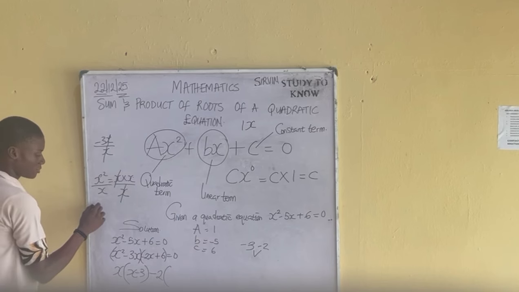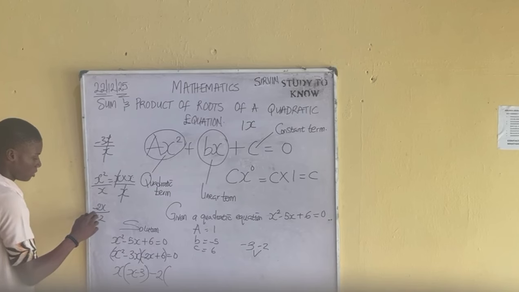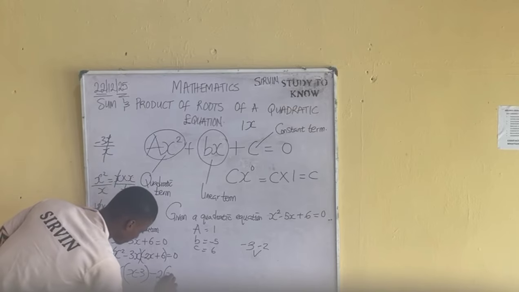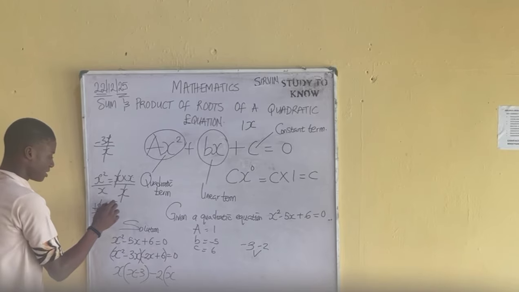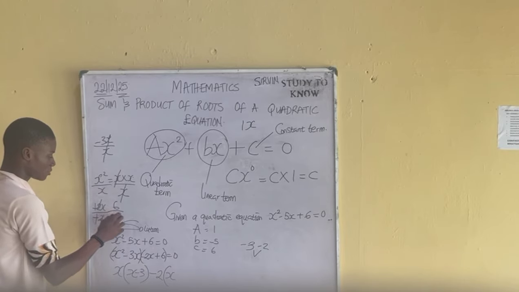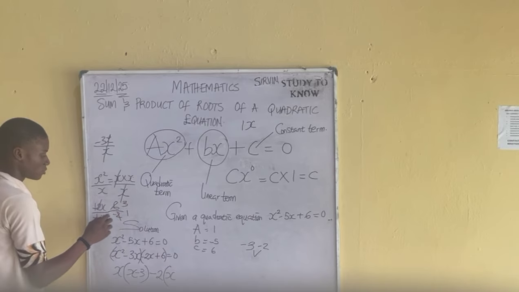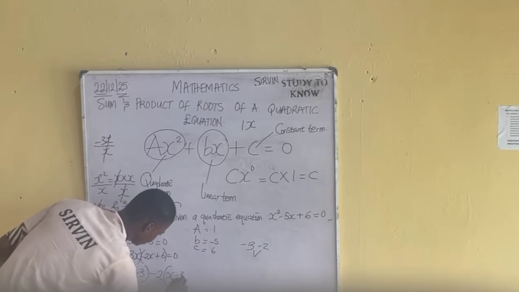So I'm having minus 2x over minus 2. Minus cancels minus, 2 cancels 2, so x is left. Then 6 over minus 2. 2 cancels itself, 2 cancels 6, 3. So this will be minus 3 over 1, which is minus 3.